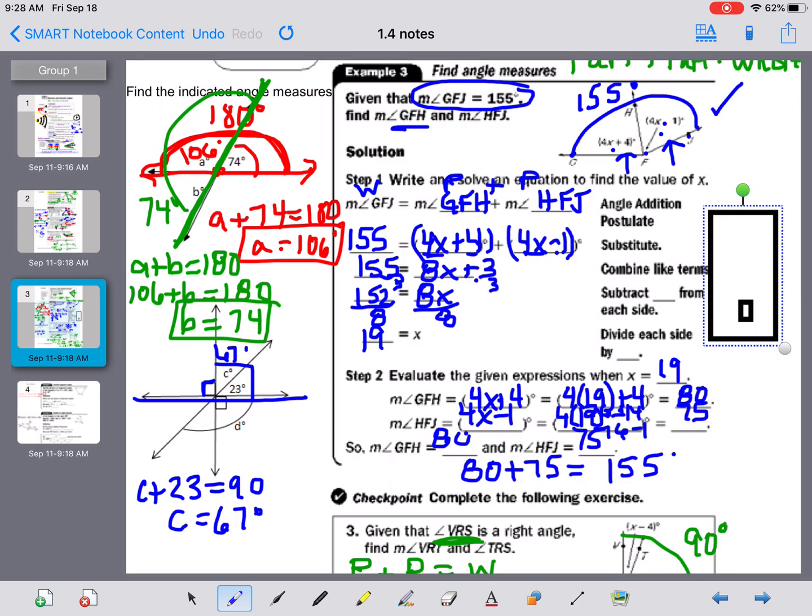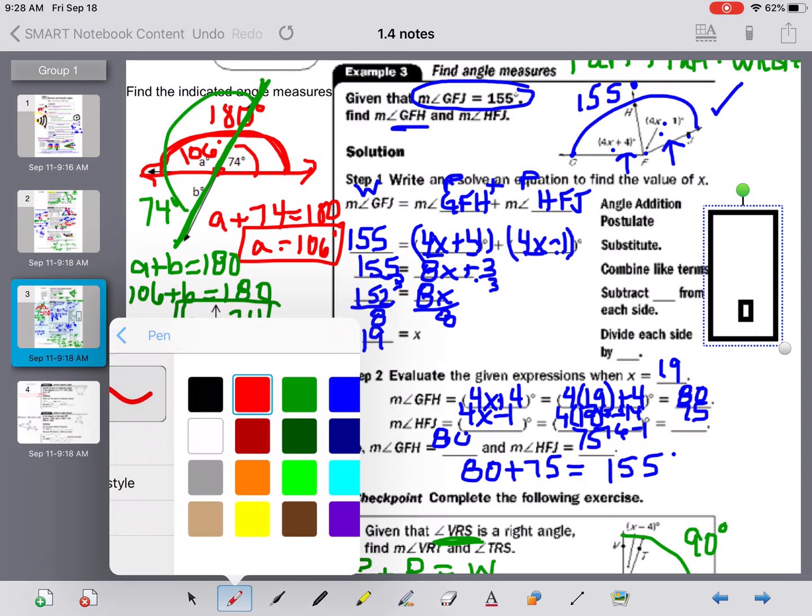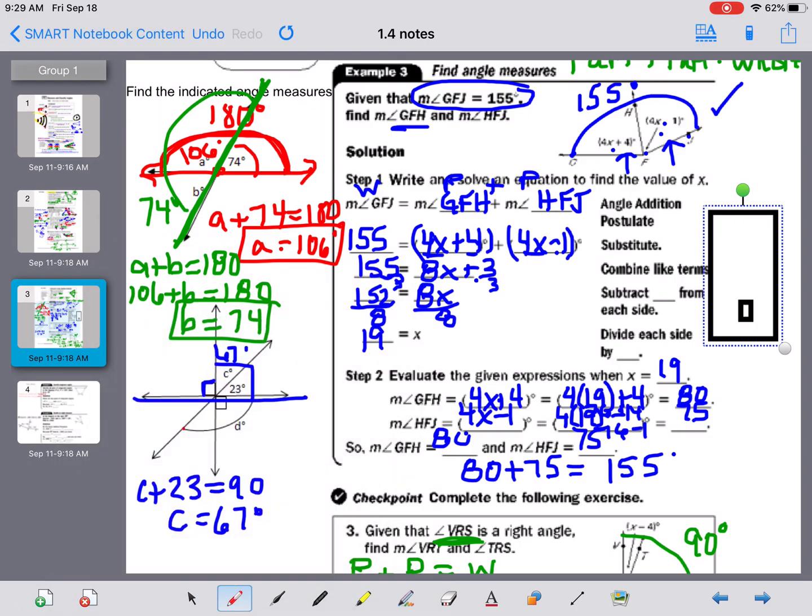Okay, now let's look for D, and I do want to make sure you understand that D is actually starting here and going all the way to here, okay? So it's this angle here that I'm looking for, this D. I know it's more than 90 because it definitely looks obtuse, and we can do more than just assume that. We can trust that because we know there's this 90 in the middle, okay?